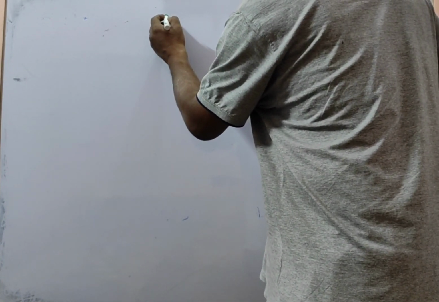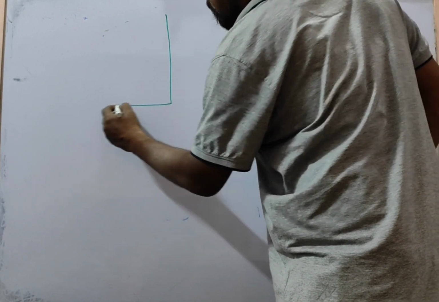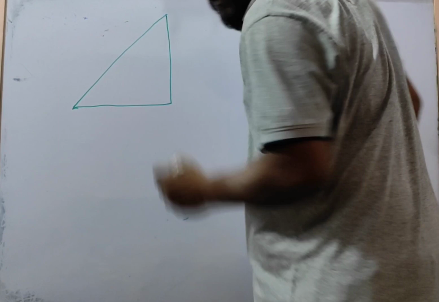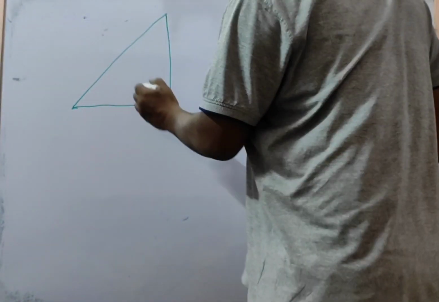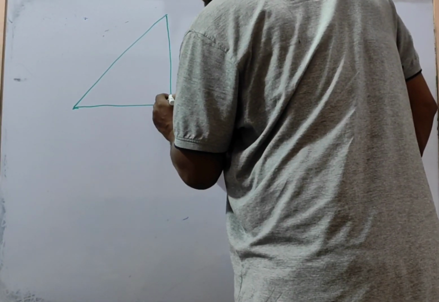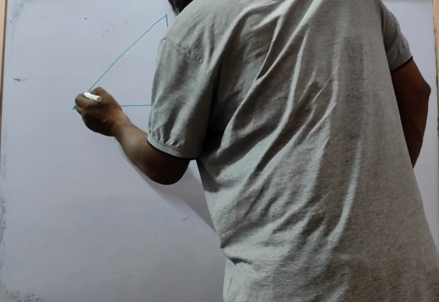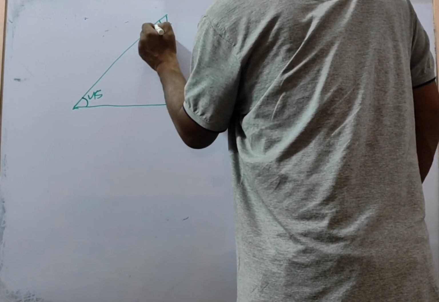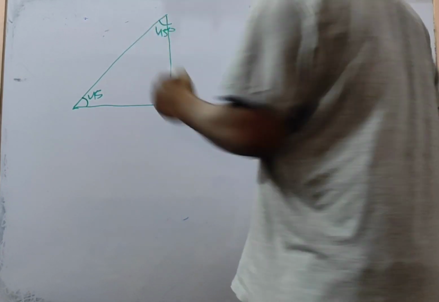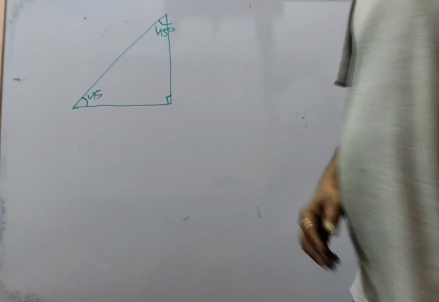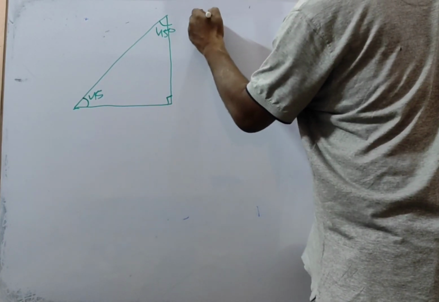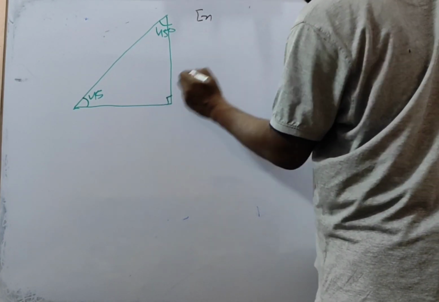Okay, so there is a triangle like this, right? This is a right angle triangle. This angle is of 90 degree. This angle is of 45 degree. This angle is of 45 degree, right? This is a right angle triangle because one angle is of 90 degree.